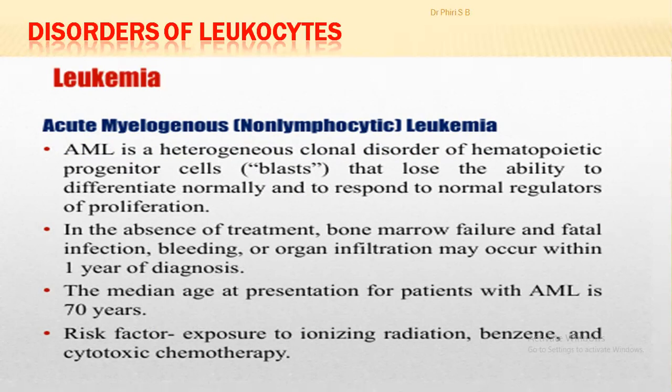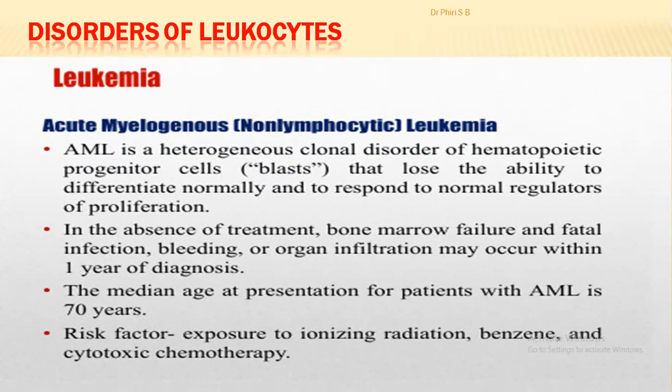So in the acute form, you can have lymphocytes, but you won't have those cells that are coming from this stem cell, the myeloblasts. So acute myelogenous leukemia is a heterogeneous clonal disorder of hematopoietic progenitor cells, or blast or committed cells, that lose their ability to differentiate normally and to respond to normal regulators of proliferation.